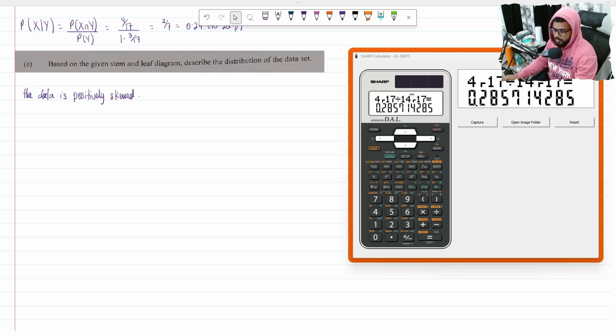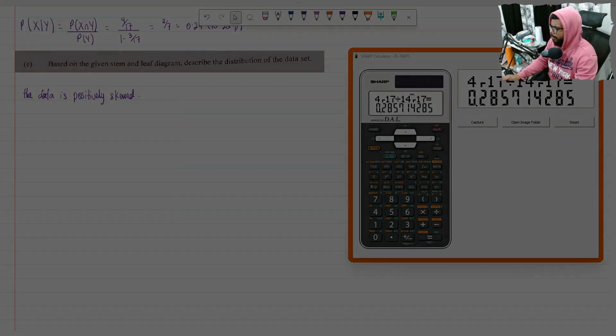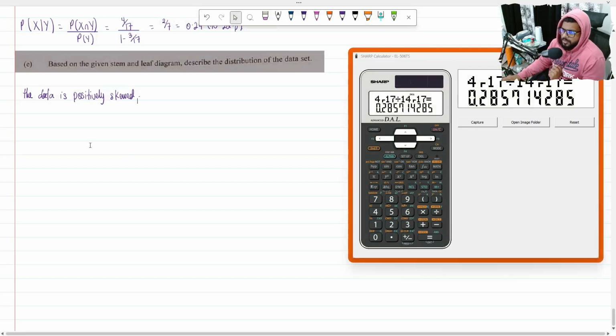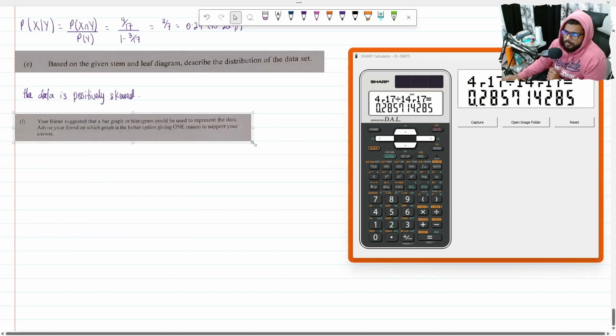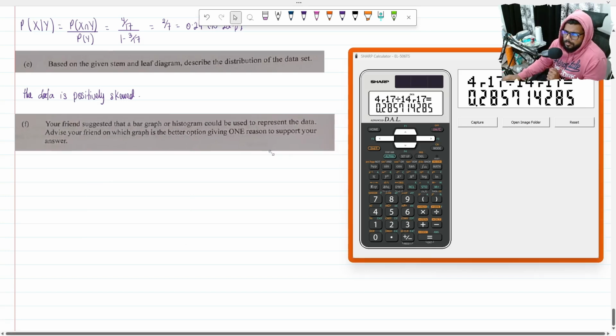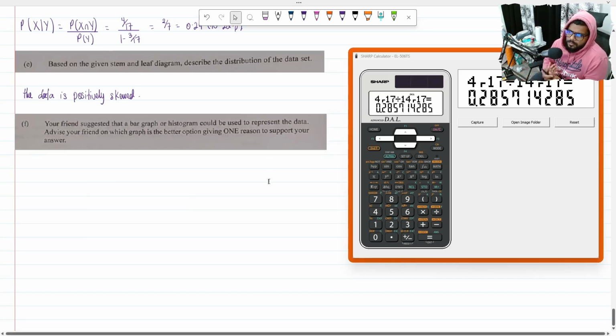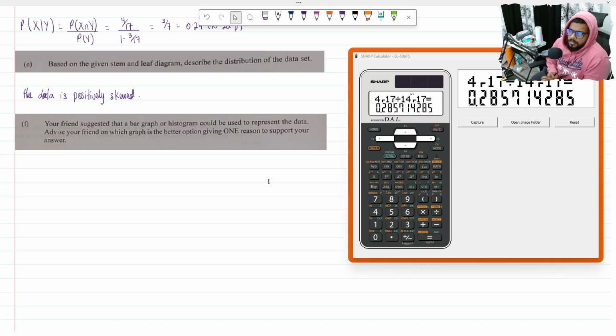All right, last one here. Your friend suggests that a bar graph or histogram could be used to represent the data. Advise your friend on which graph is better, giving one reason to support your answer. All right, so you will use a bar graph for whole number data values or discrete data.